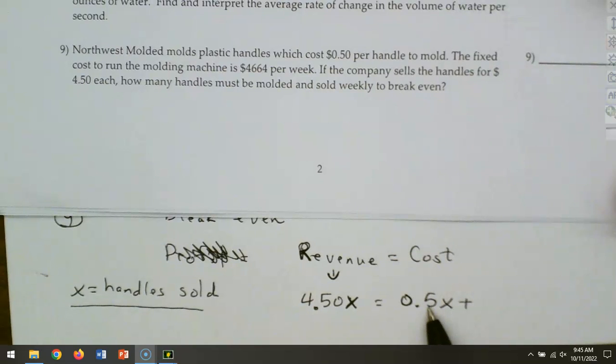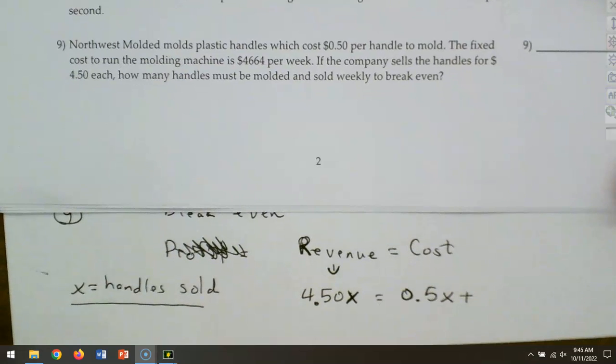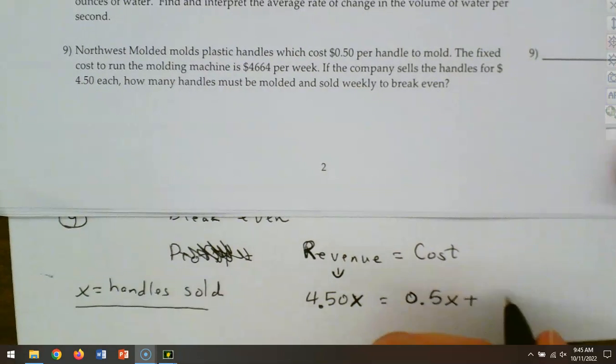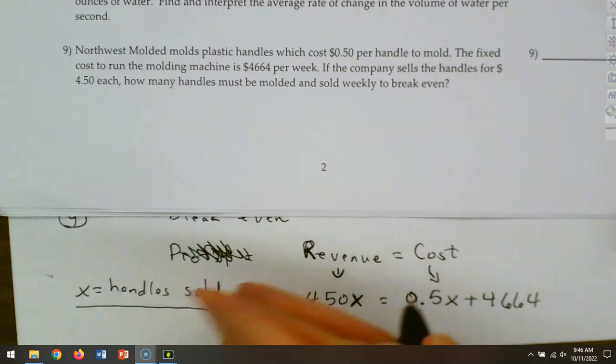Okay, each handle costs money. But there are also called fixed costs. And fixed costs would be things like rent, payment on the machine, payment of employees' wages. Those don't change. So our fixed costs are $4,664. So you got your revenue, right?